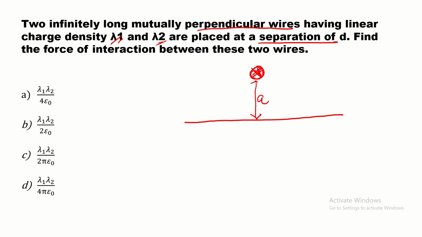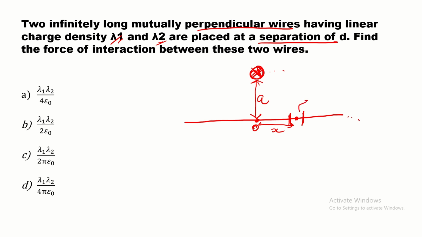So then we can say they are mutually perpendicular because this will be the x-axis and this will be the z-axis, and they also have a distance of D between them. So we have successfully drawn what the question is suggesting. And now we have to find the force of interaction between these two wires. So let's take this as the origin and let's consider this as the x-axis, and let's take a point at a distance x from the origin, a small element of the wire.